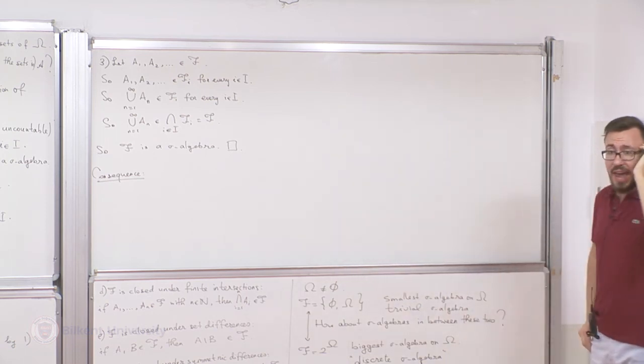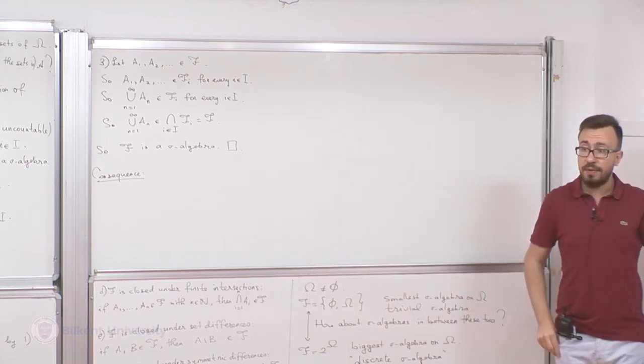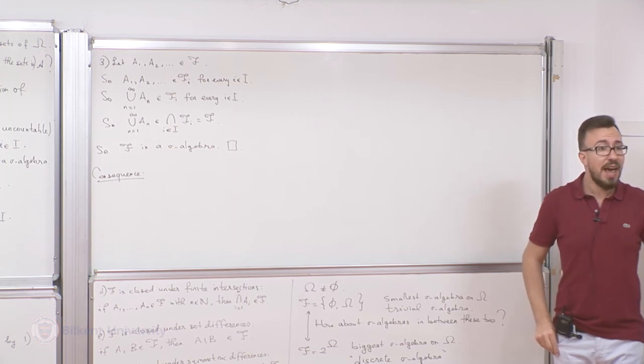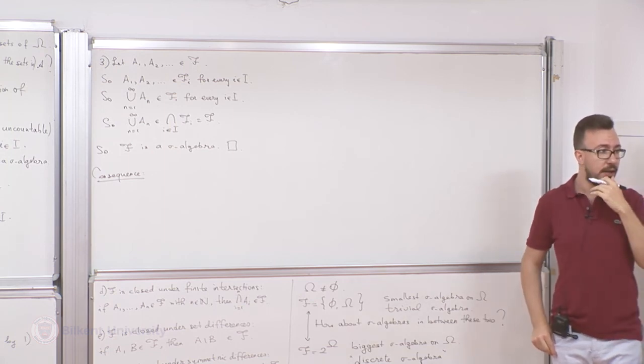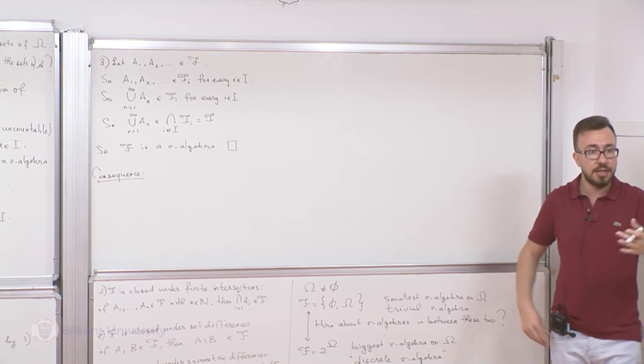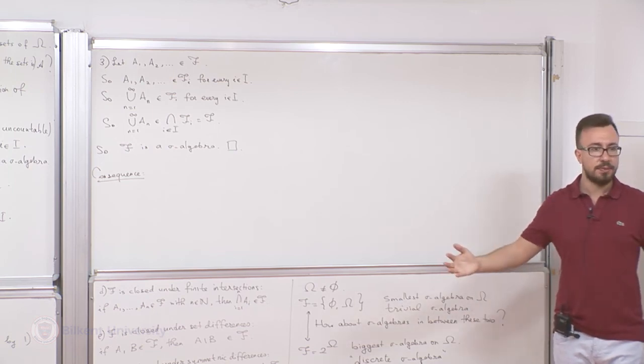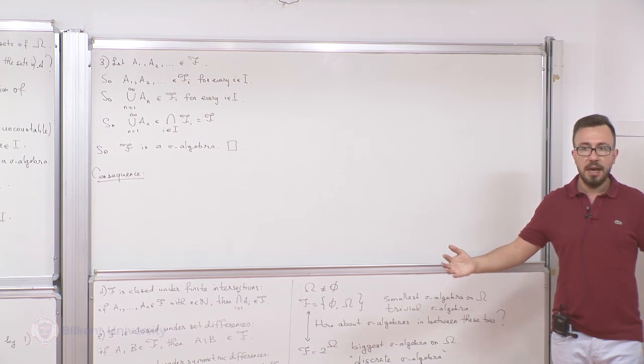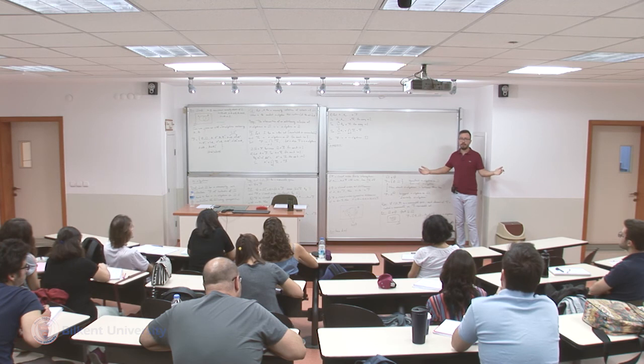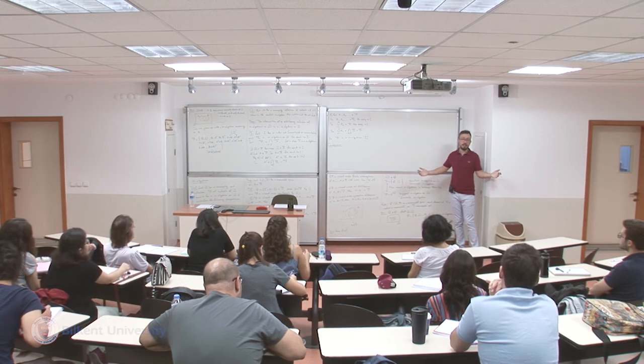Well, if I have A, which is just an arbitrary collection of events, at least I have my power set, right? Which is a sigma algebra containing A. And maybe I have other sigma algebras containing A. So what can I do with all those sigma algebras that contain A, if I'm looking for the smallest such sigma algebra?